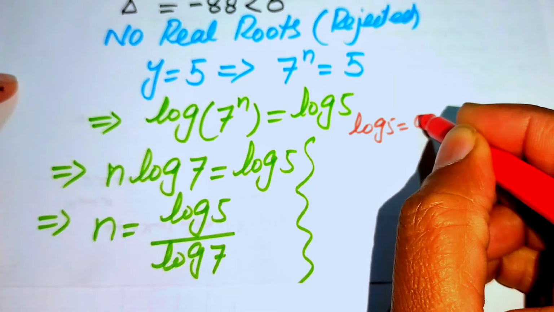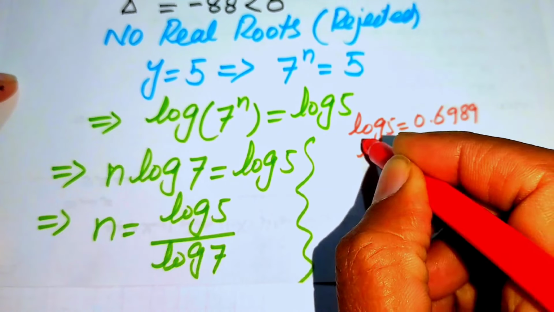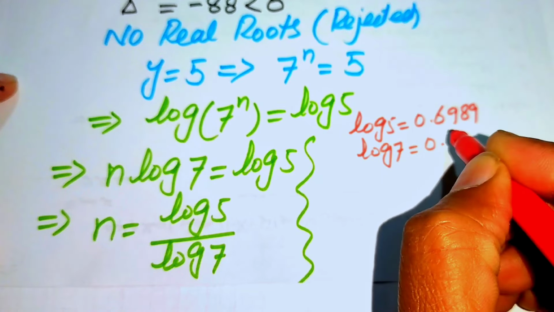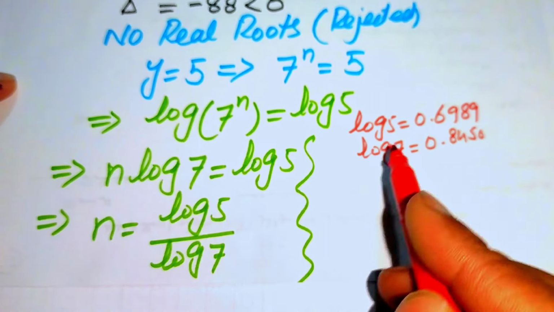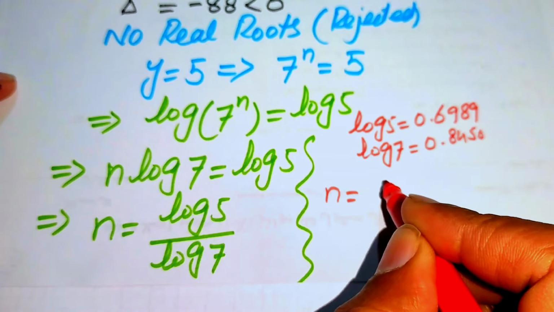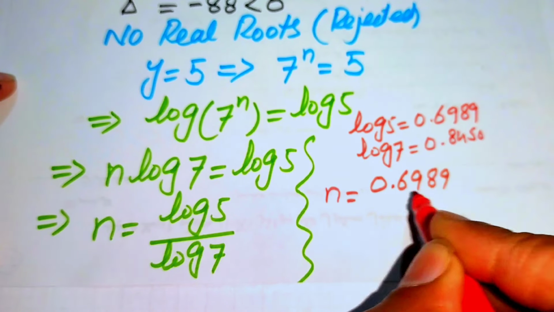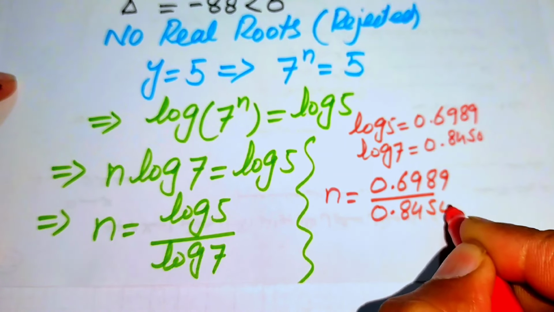When we use the calculator, you get the value of log 5 equals 0.6989, and the value of log 7 equals 0.8450. Here we put the values of log 5 and log 7 in this fraction, and you get n equals 0.6989 over 0.8450.